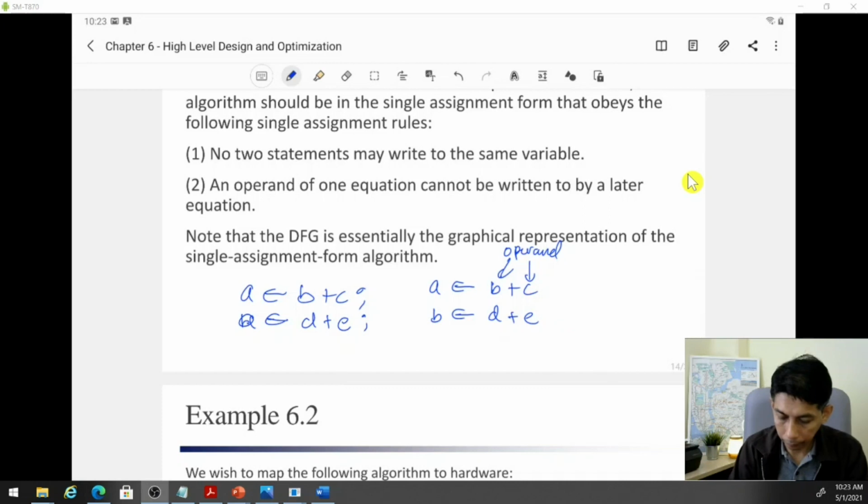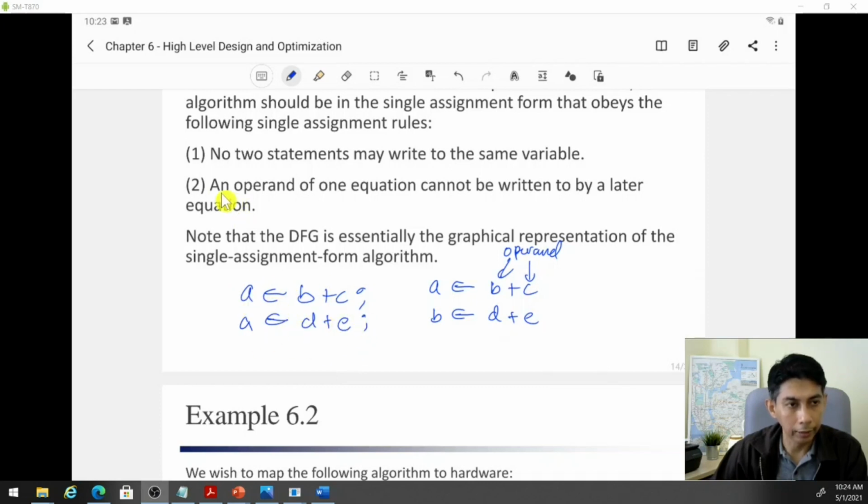You have two statements here, and these two statements write to the same variable A.